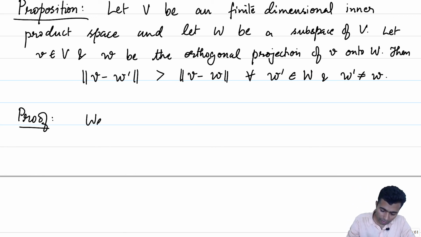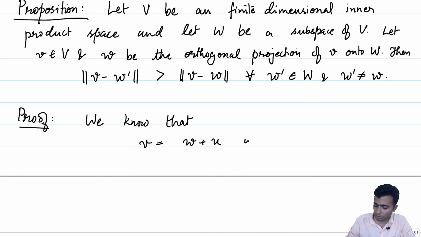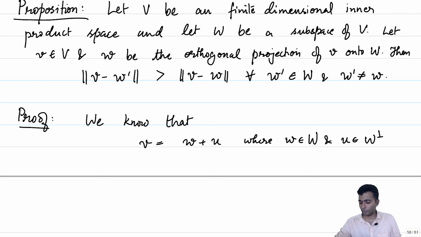We know that V can be written as W plus U, where W is in capital W and U is in the orthogonal complement of capital W. We know that V is equal to W plus U, where W is a vector in capital W and U is a vector in the orthogonal complement of capital W.